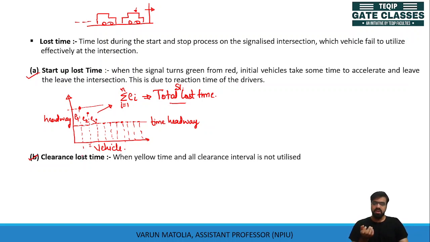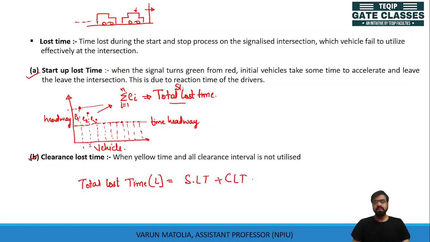So the clearance loss time and startup loss time combine to form total lost time, and this is equal to your startup lost time plus clearance lost time. This depends on your phases also.